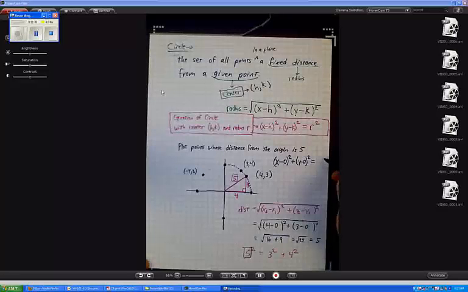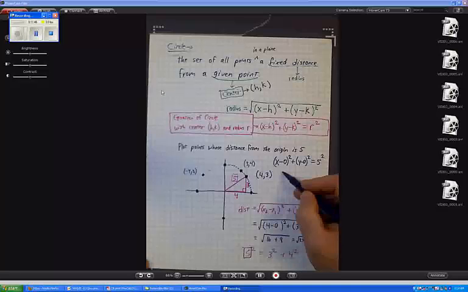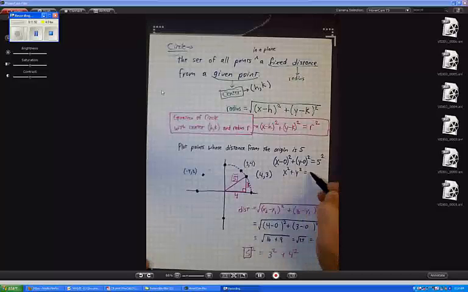Well, since the radius is 5, we're going to put 5 squared. I'm not going to leave it that way, though, right? What would we write? Yeah, x squared plus y squared equals 25. So there we go.